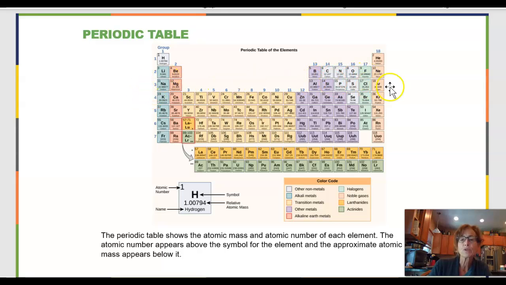And so that's from left to right. And then going from top to bottom, down the group, or sometimes called a chemical family, this tells us that these all have some properties in common, and we'll get into how these ones here in particular will react to others on the table.